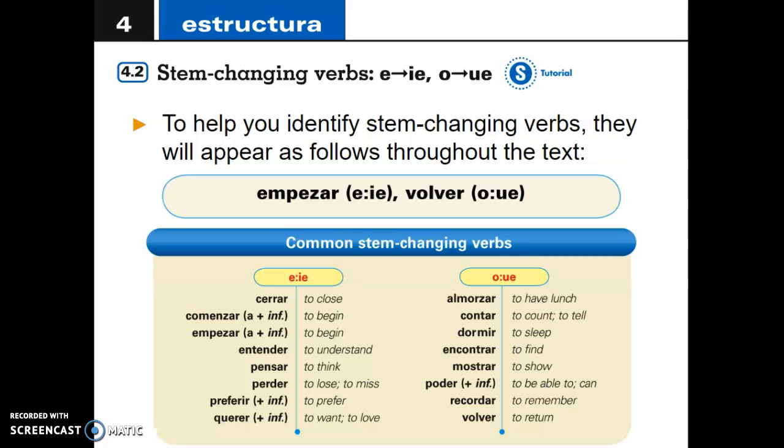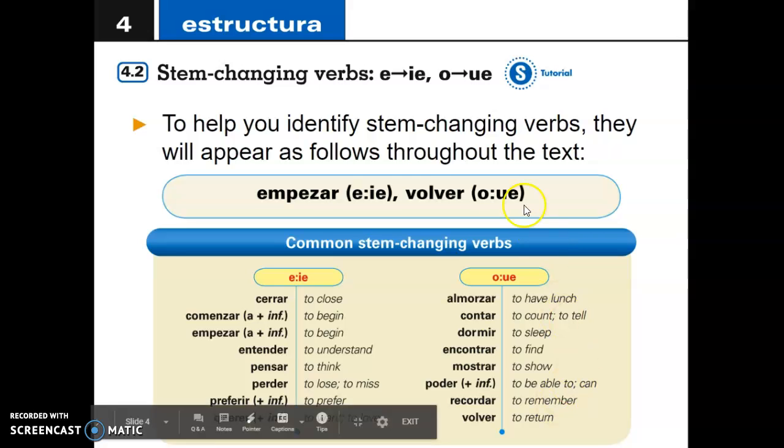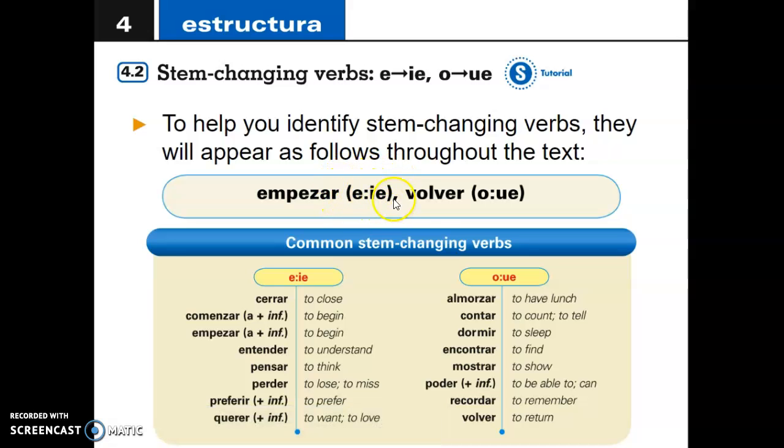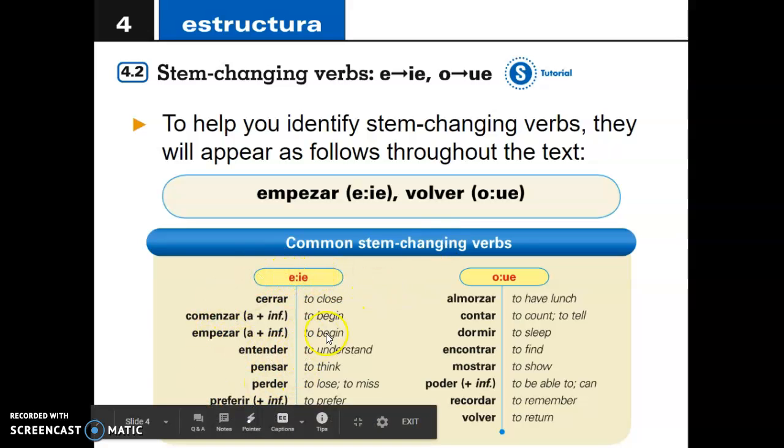To help you identify stem changing verbs, it's going to follow like this. This is what I was talking about earlier. I think it shows up like this in wordplay and in your textbooks. So, E to IE. O to UE. That is a reminder to you, oh yeah, I need to change that vowel. Here's a lot of E to IE verbs. You just need to remember O to UE.